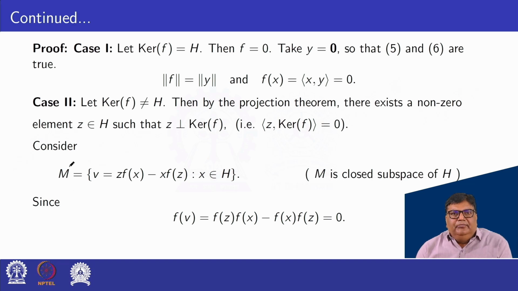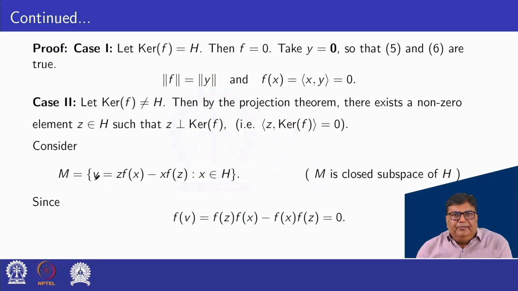Consider M equal to the set of v such that v is equal to z into fx minus x fz, such that x belonging to H. That is, M is a closed subspace of H. Okay, we have considered here. Since M is equal to this set of v, and v is defined like this.